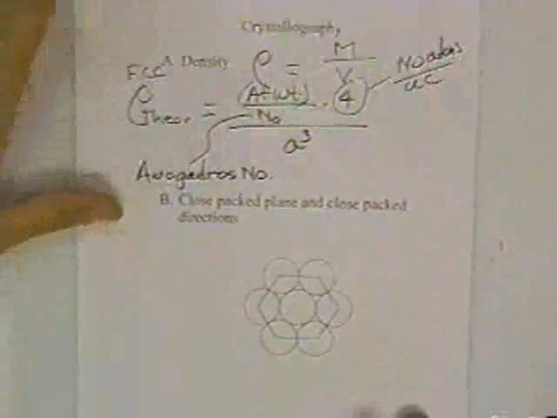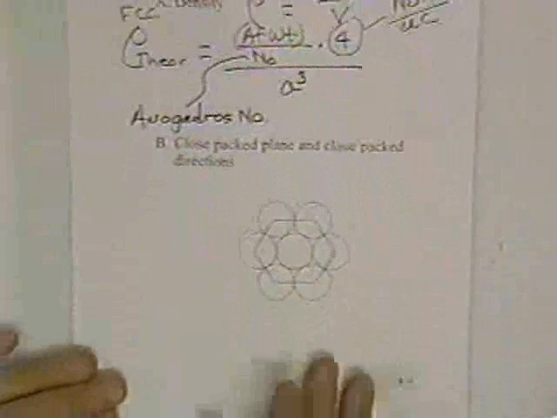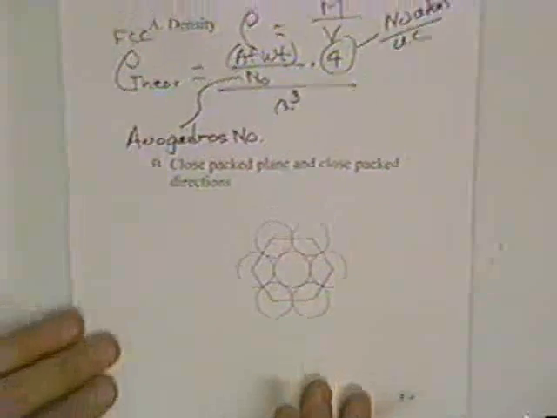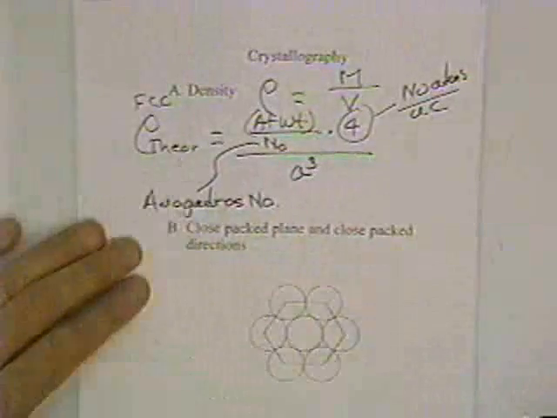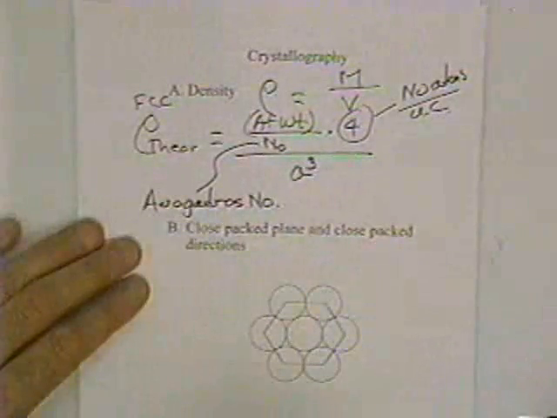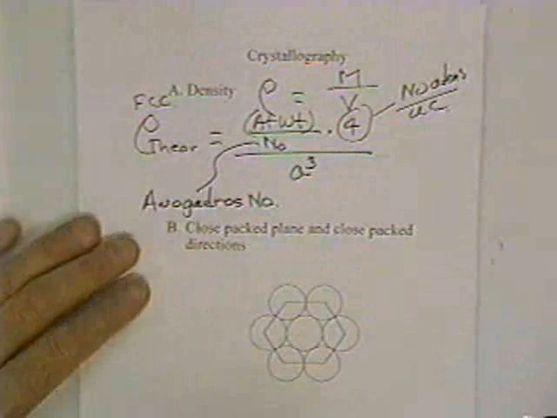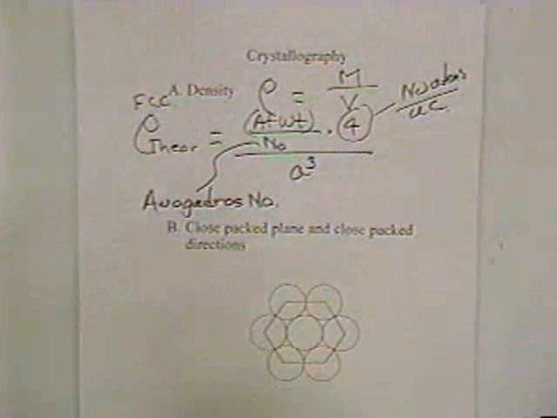Now I've already done this, but just to reiterate here, when I say the theoretical density, this has every atom on a lattice site. And not all atoms are on lattice sites. They have vacancies or impurities in there. So this would have the highest density.